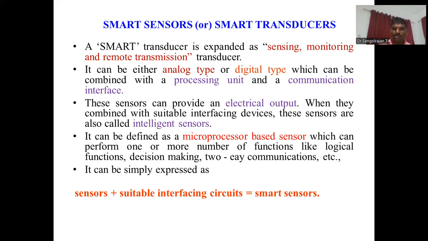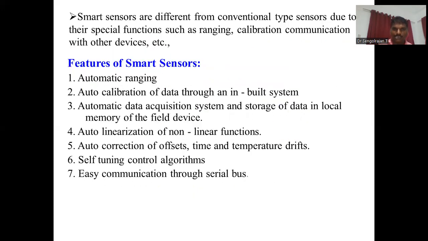So the smart sensor or transducer can be expressed as sensor plus suitable interfacing circuits is nothing but a smart sensor. If you are interfacing the sensor with suitable circuits, then you can call it a smart sensor.